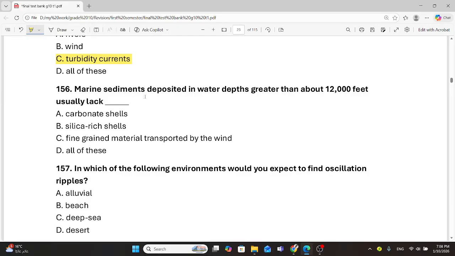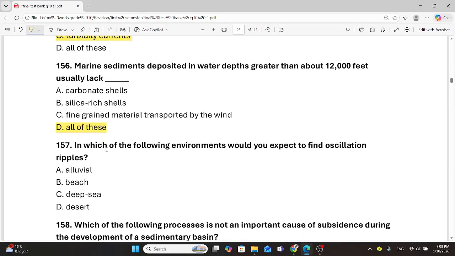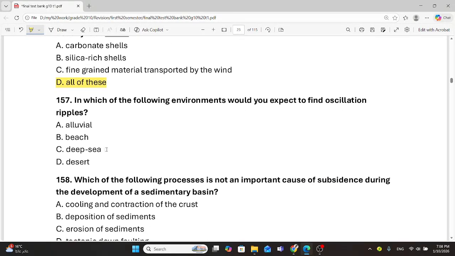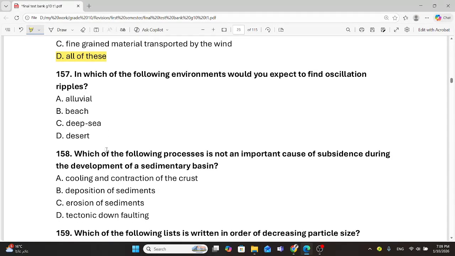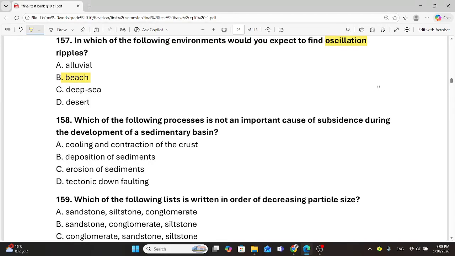Marine sediment deposited in water depths greater than about 12 feet, usually lake, carbonate shell ولا silica rich shell ولا fine grained material transported by the wind ولا all of these. لا كله. In which of the following environment would you expect to find type alluvial ولا beach. Beach طبعا، في oceanal lesion يعني related للبحر أو الحركة البحرية، تبقى البيتش.